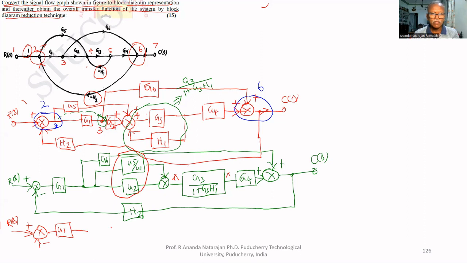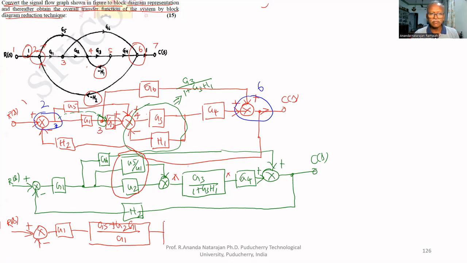That's why G5 divided by G1 plus G2. If you take LCM, then G1, G2 divided by G1. This parallel block is added together, and LCM is taken.